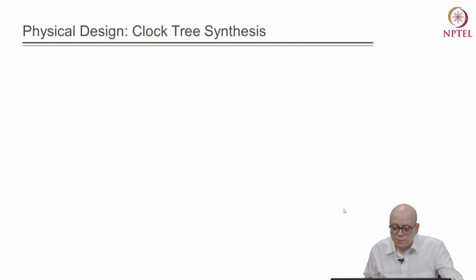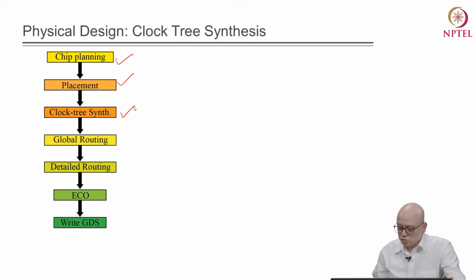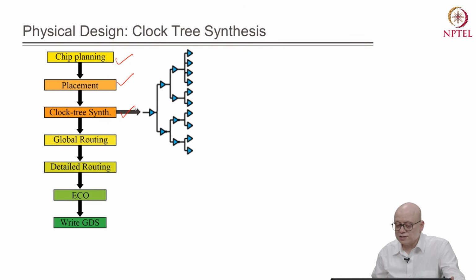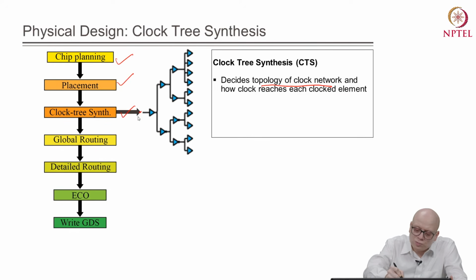After chip planning and placement is done, a step known as clock tree synthesis is performed. Clock tree synthesis decides the topology of the clock network, meaning how the clock network will be structured on the layout, and how the clock signal will reach from the clock source to each of the endpoints. For example, these are the endpoints, the clock pins of the flip flops.